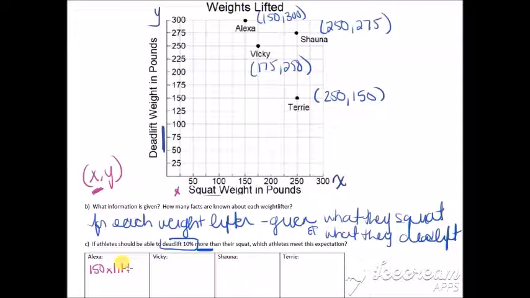I get 165, okay? And then what we're going to do is we're going to compare it. Okay, 300, well, yes, she's good. Okay, Vicky, her squat's 175, and times that 1.1, because it's 10% more. 192.5.